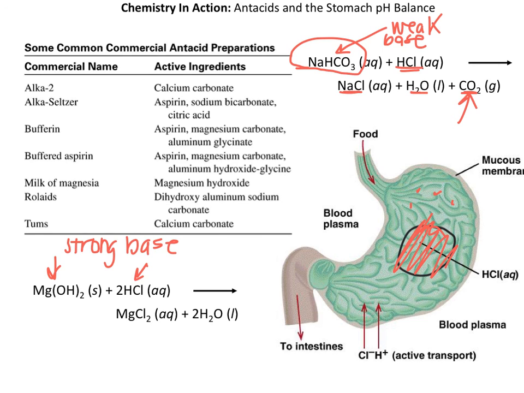And again, you would get some salt, which is an ionic compound, plus water. So this is also a neutralization reaction. So there are many instances of acid-base chemistry or buffering of your biological systems that keep you running well.